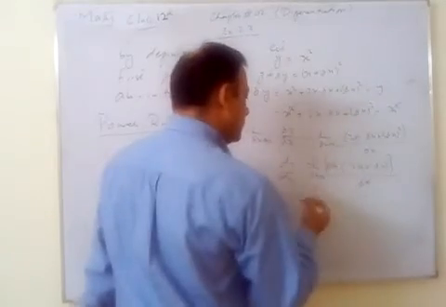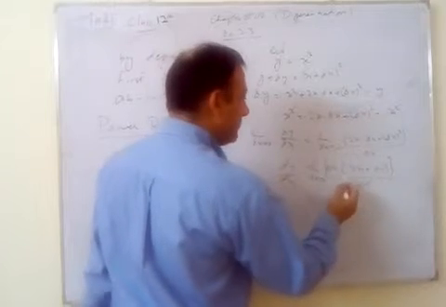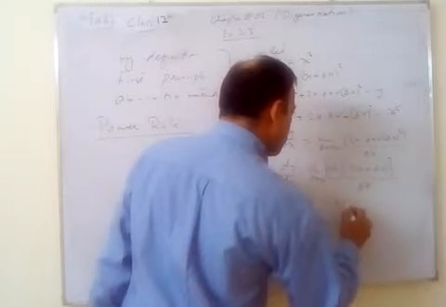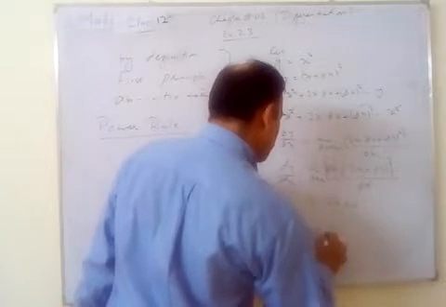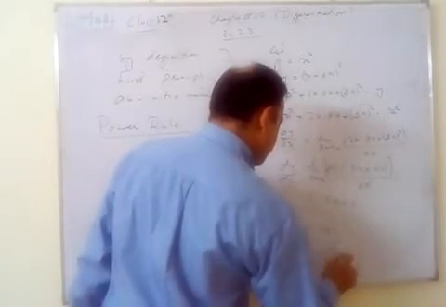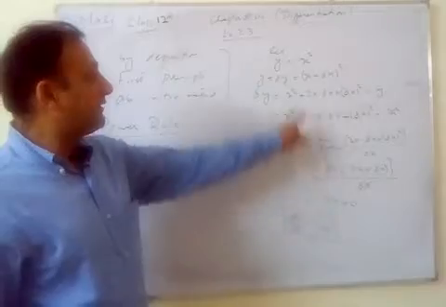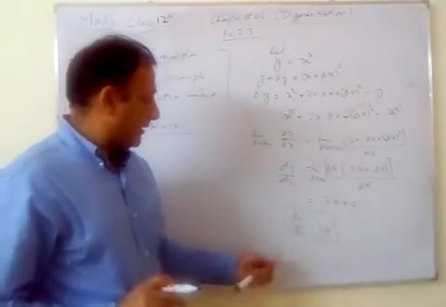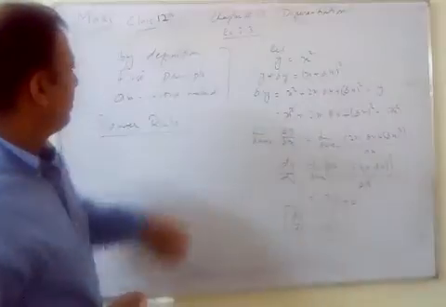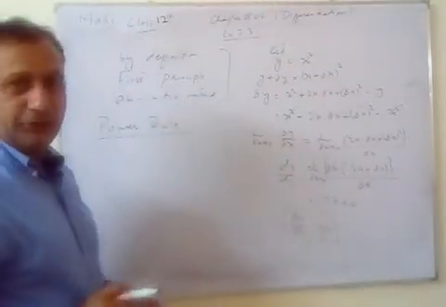Both are cancelled. Now when we apply the limit, we get 2x plus 0. So dy by dx is equal to 2x. This is the answer of the derivative of x square by definition, or first principle, or ab initio method.